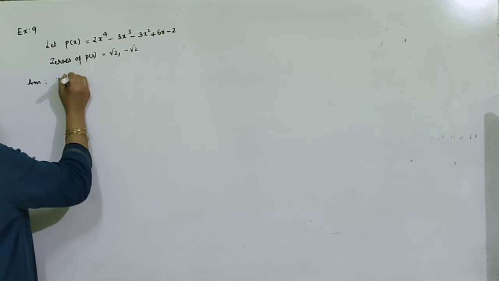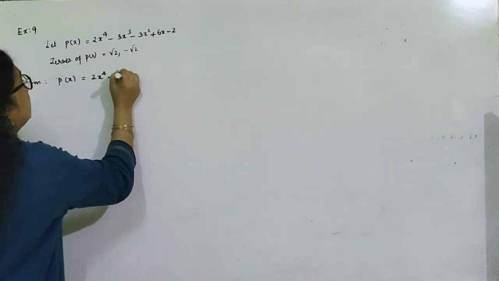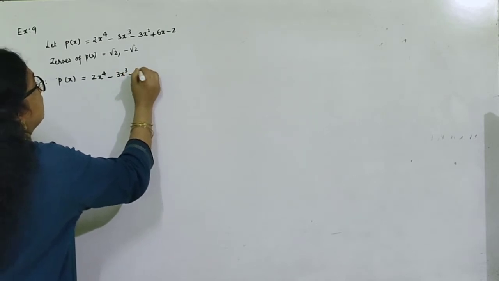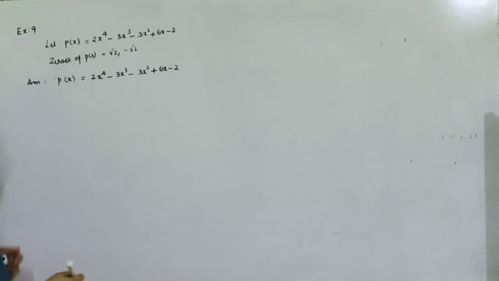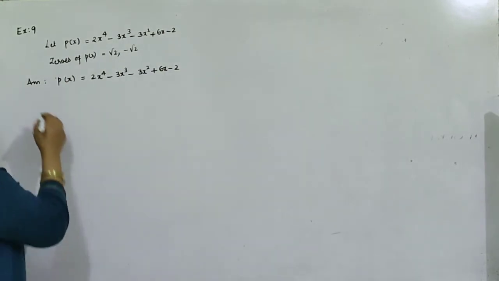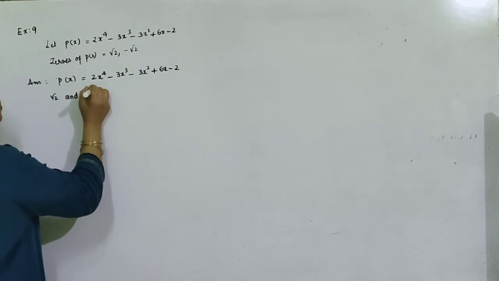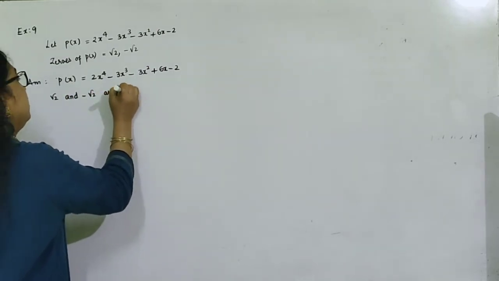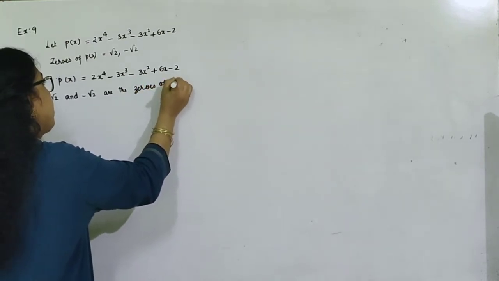First write p of x equal to 2x raised to 4 minus 3x cube minus 3x square plus 6x minus 2. Now root 2 and minus root 2 are the zeros of p of x.